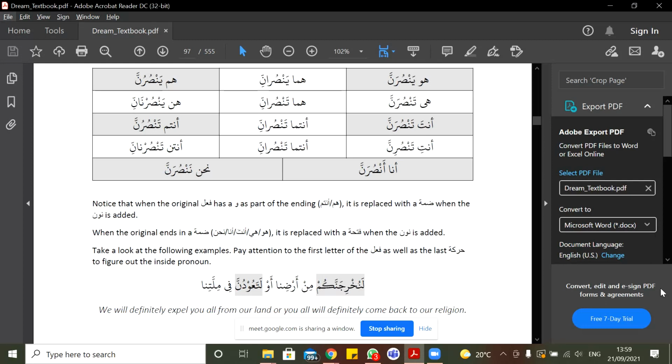Nukhrijanna, because of the Noon at-Tawkid, we will say surely. I didn't ask you to do it this way. I started with fi'l mudari. I thought you wanted to know how it becomes definite. Yes, but that has a process.